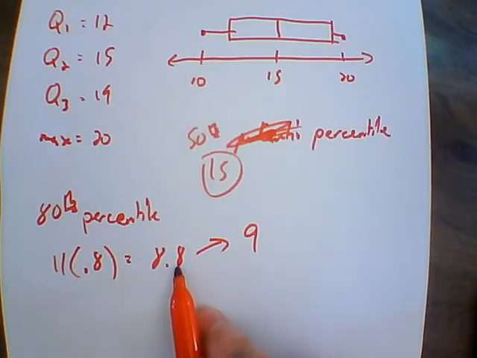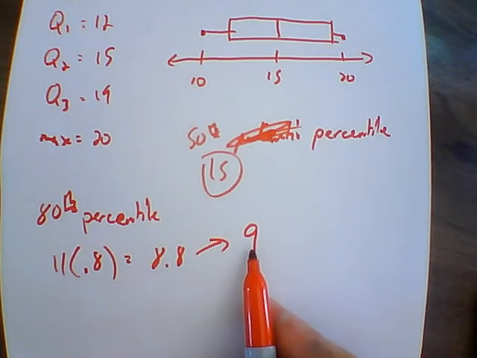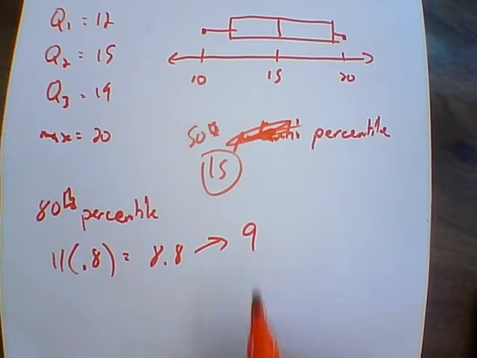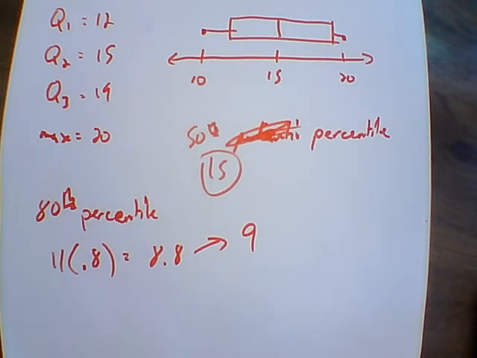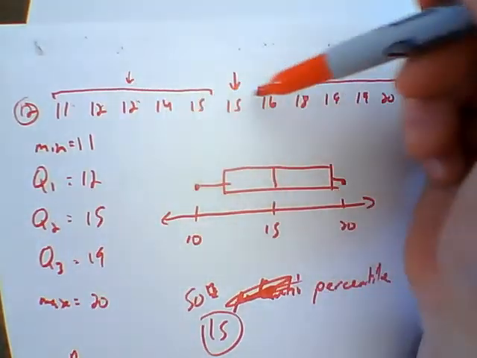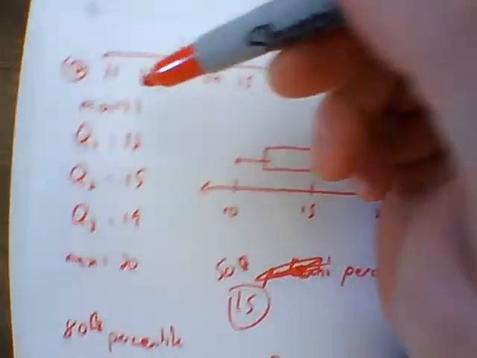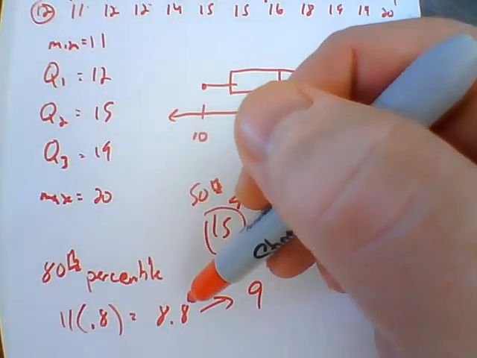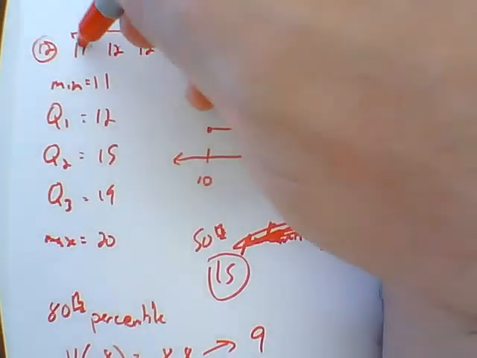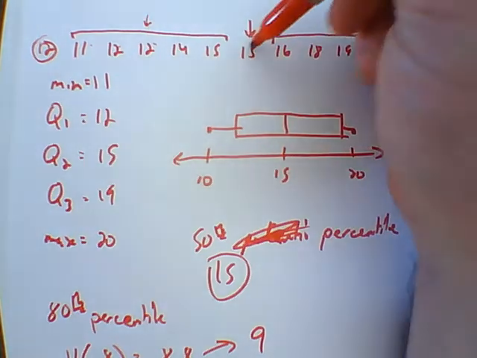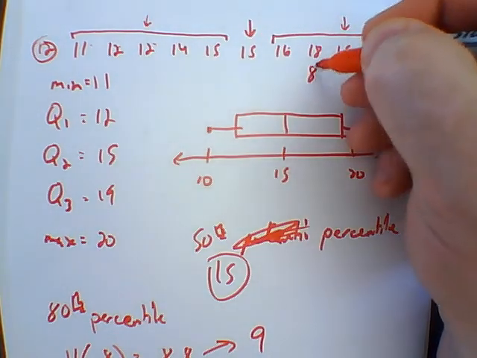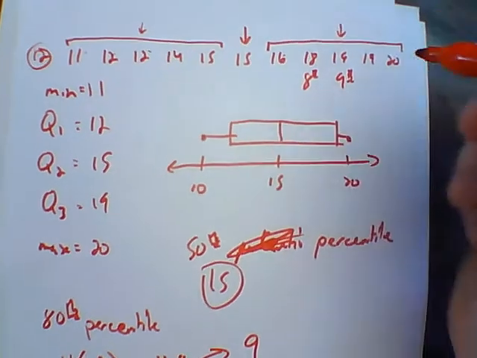If this was 8.2, I still would round up to that 9th number, because the 8th number in here is not going to be below. So even if this was 8.2, I go 1, 2, 3, 4, 5, 6, 7. Here's the 8th number, and then here's the 9th number.